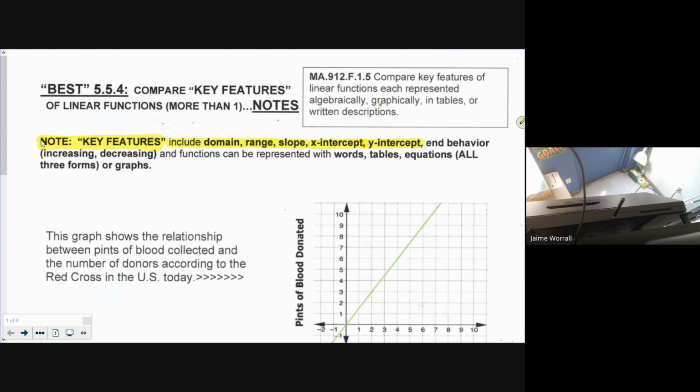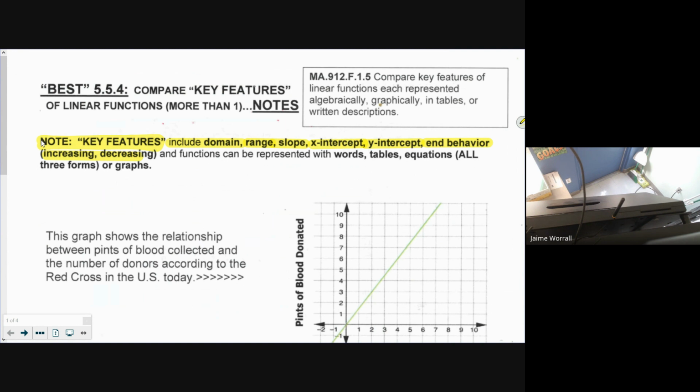When we get down the road, you're going to have more than one x-intercept. You better not have more than one y-intercept, because if you do, you don't have a function. And behavior. Increasing and decreasing is coming soon to a curvy function near you.